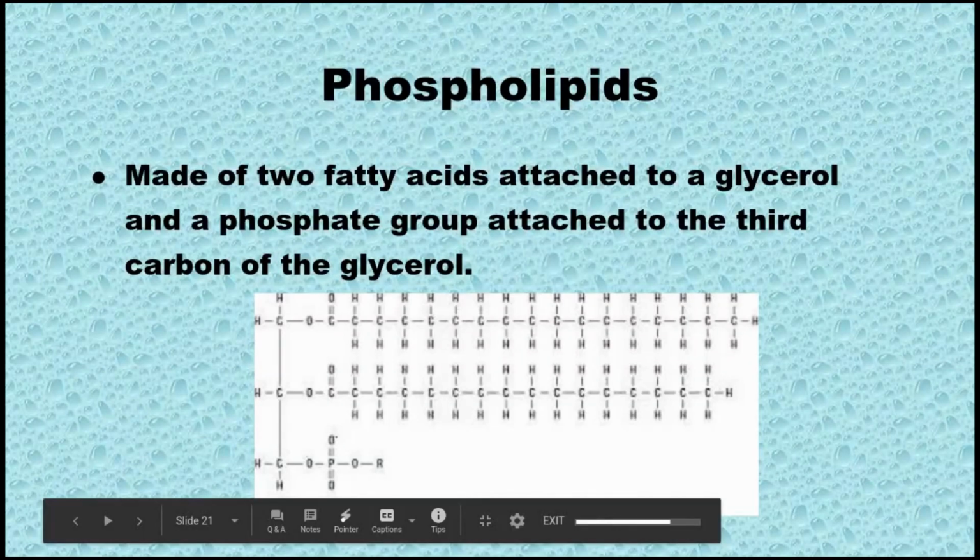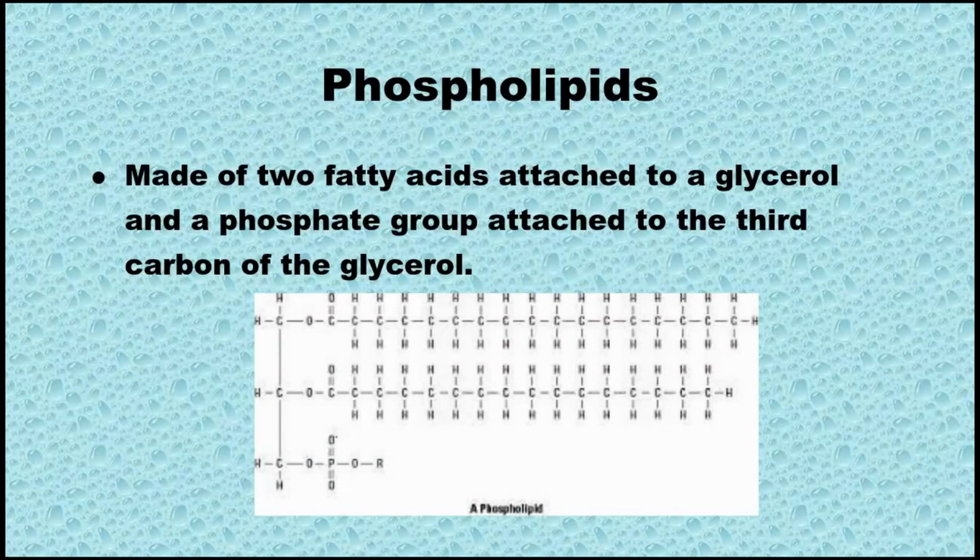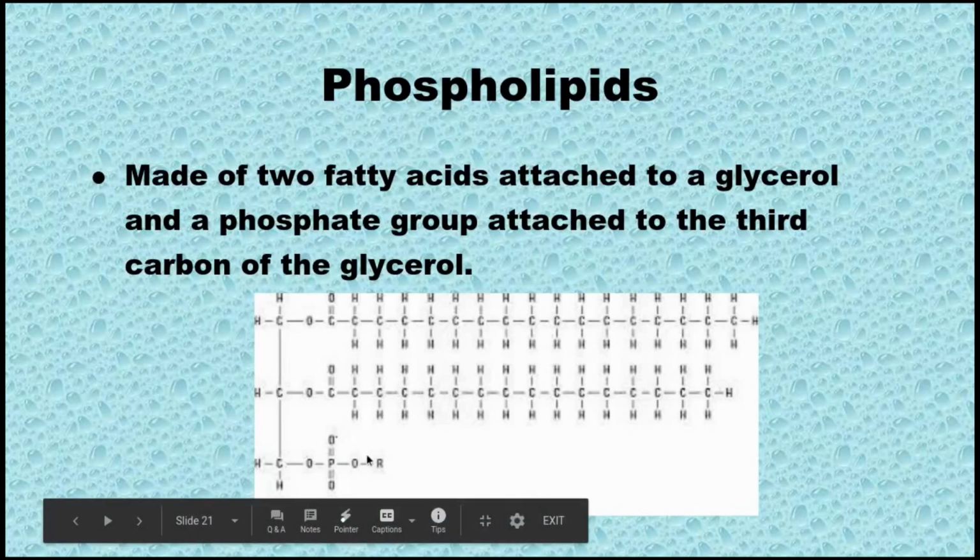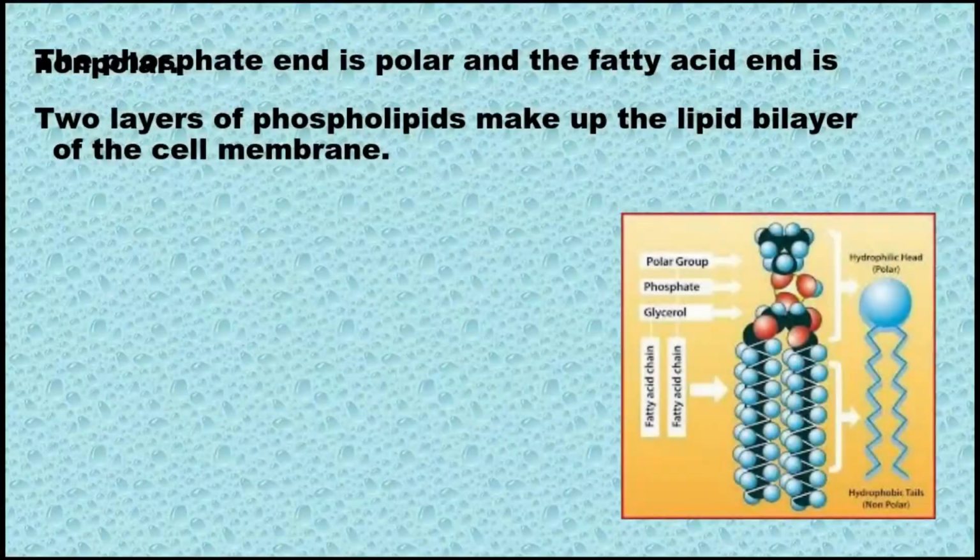The next type of lipid to look at is a phospholipid. And so this phospholipid is a little bit different than the triglycerides. This has 2 long fatty acid groups, but the third extension is a phosphate group. So we've got that phosphorus on there. And when we look at this structure, it looks a little bit different.